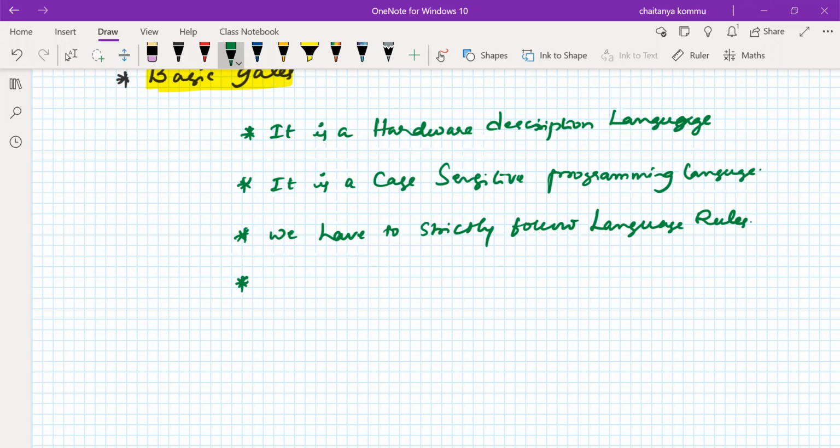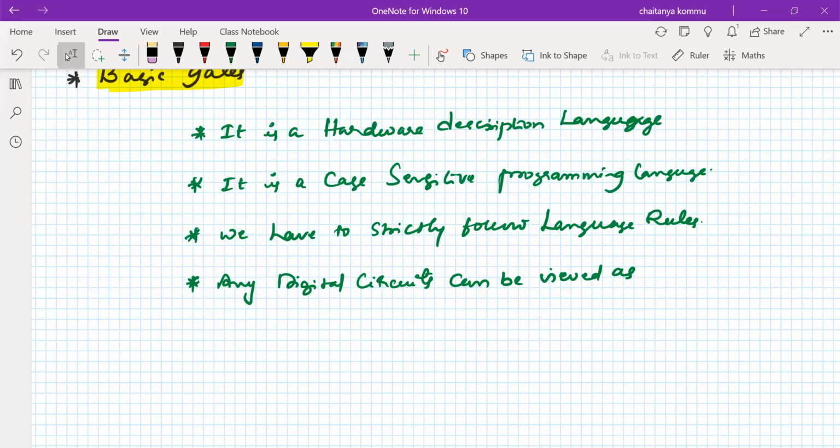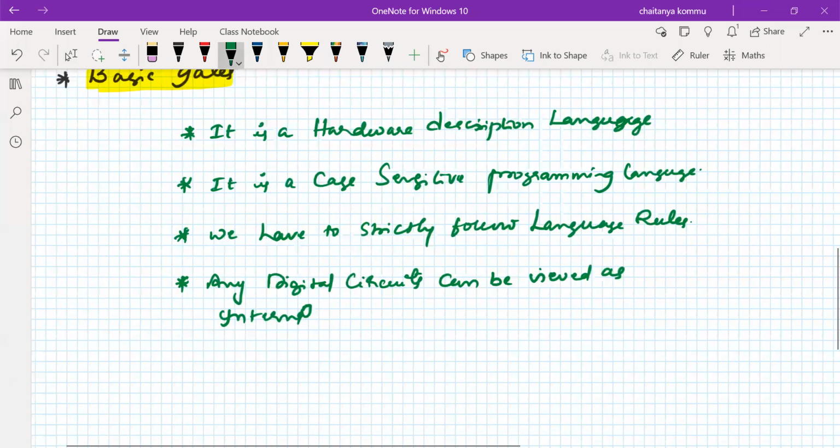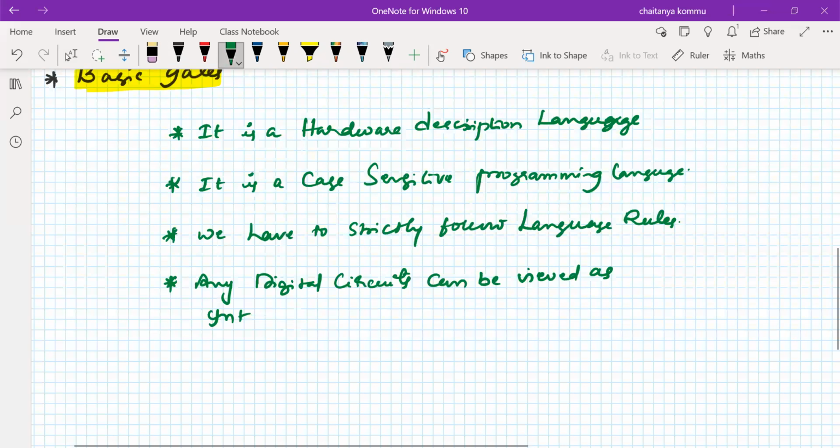I'll write here: any digital circuit can be viewed as an internal circuit as well as an external circuit.